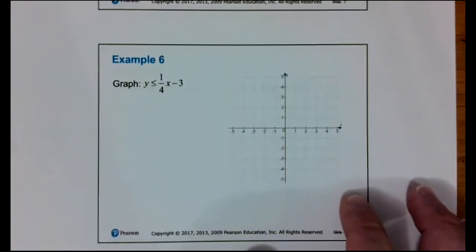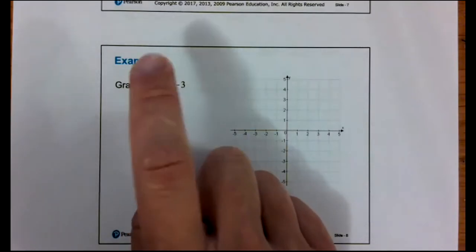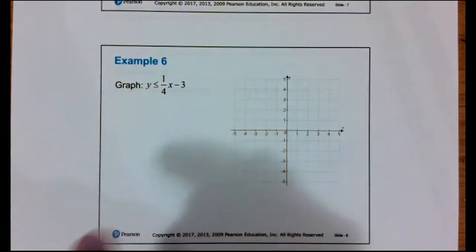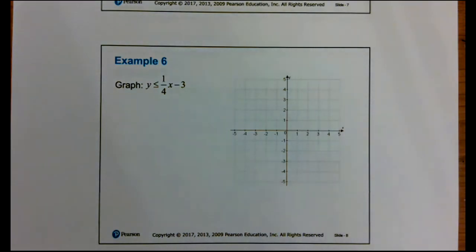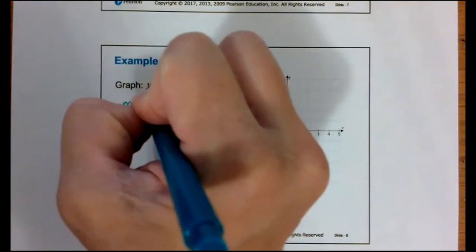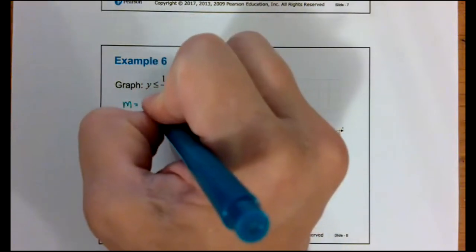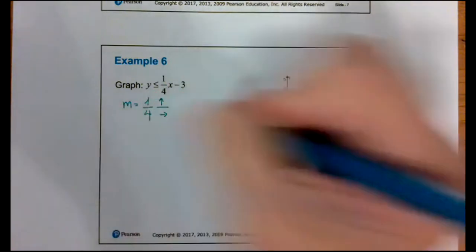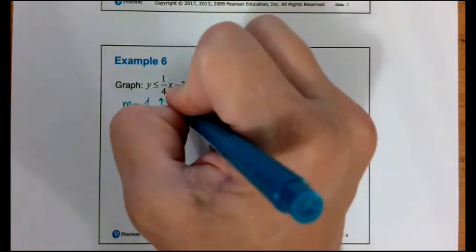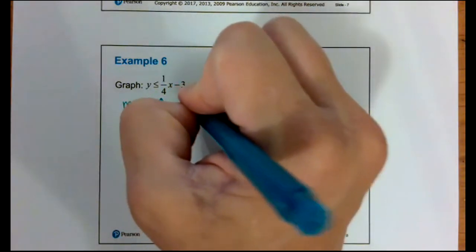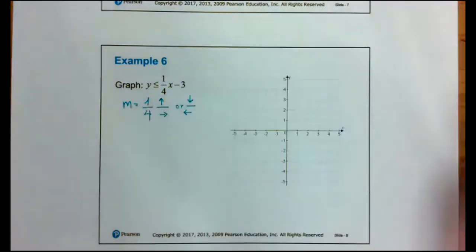All right, now let's try this one. y is less than or equal to 1/4 x minus 3. So you just graph this the way you would graph any equation. Your slope is 1/4. That means we go up 1 to the right 4, or down 1 to the left 4.